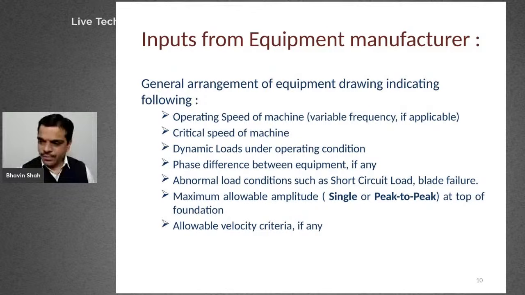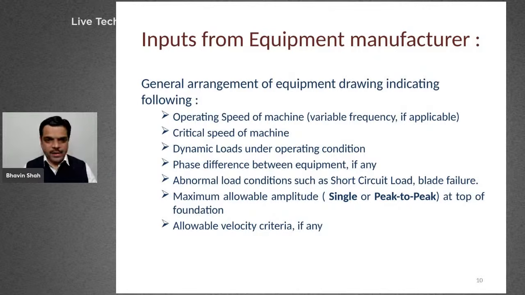Okay. Thereafter, there is a very important point which I have mentioned, which is the allowable amplitude. Now, is that amplitude single or peak to peak? First of all, there are 2 important points in this area.